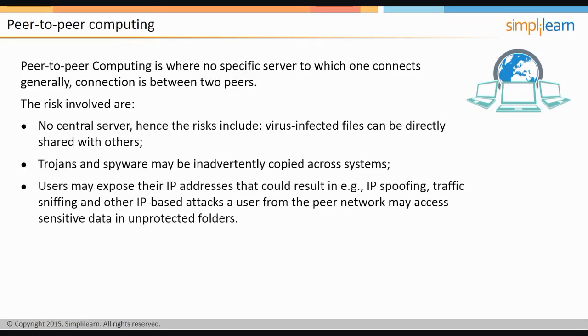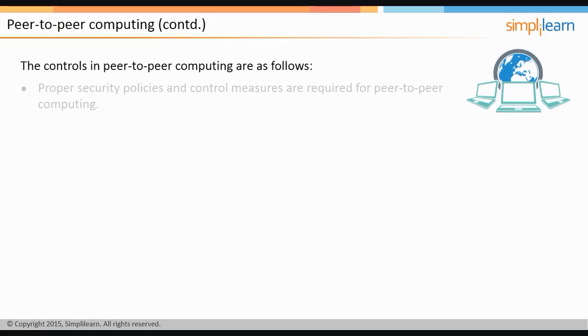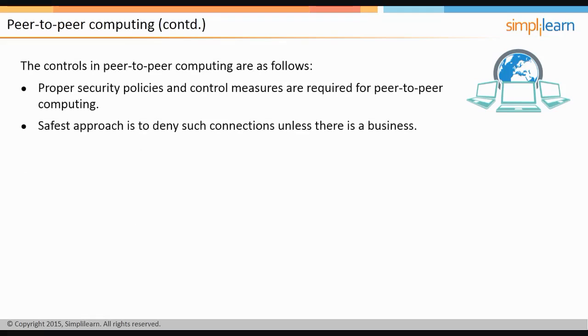Users may expose their IP addresses, which could result in, for example, IP spoofing, traffic sniffing, and other IP-based attacks. A user from the peer network may access sensitive data in unprotected folders. Proper security policies and control measures are required for peer-to-peer computing. The safest approach is to deny such connections unless there is a business need.